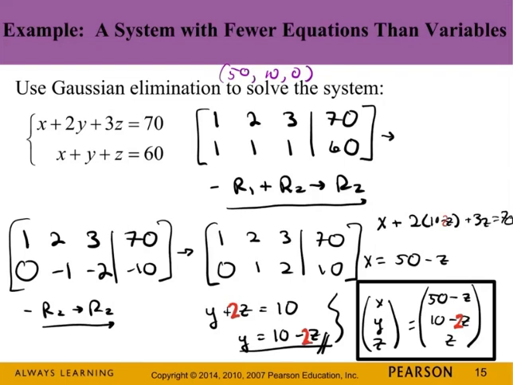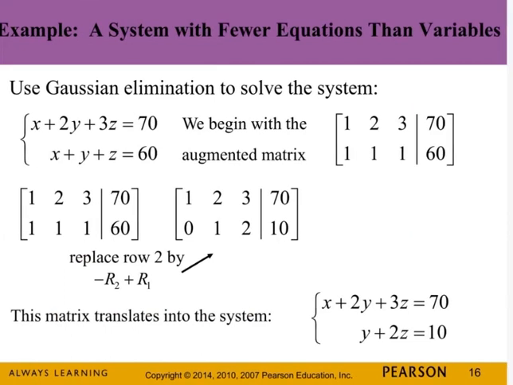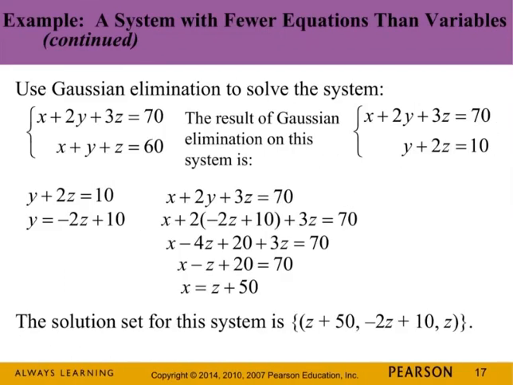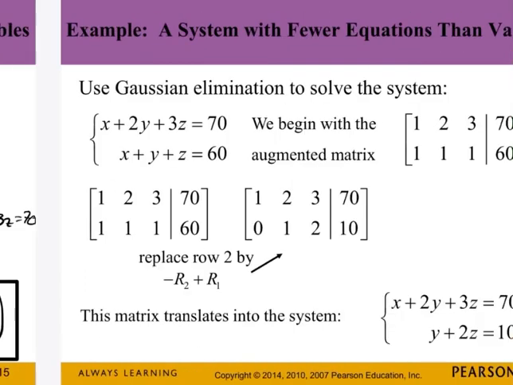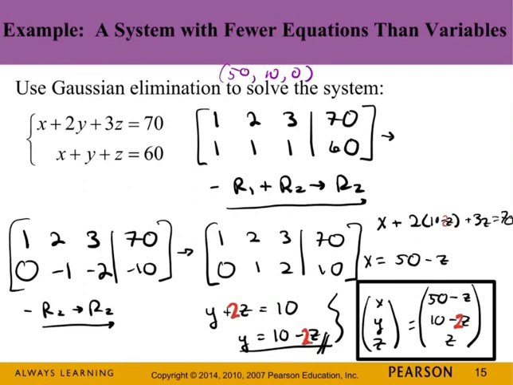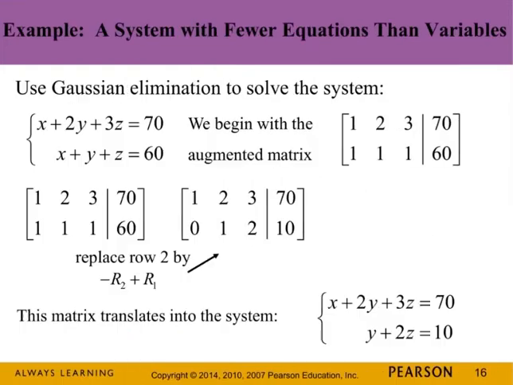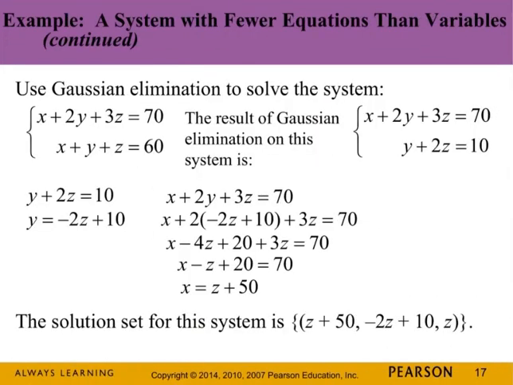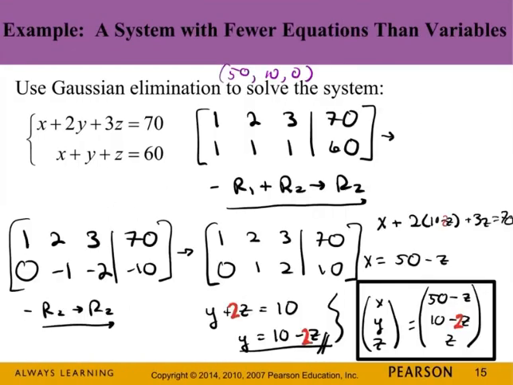It would have been a negative 4z. Wait a minute. 10 minus 2z. Yeah, 10 minus 2z. That's a 20. So that becomes a 50. Oh, x. Let me look at x. Z plus 50. Yeah.